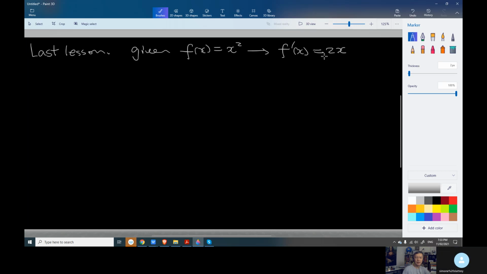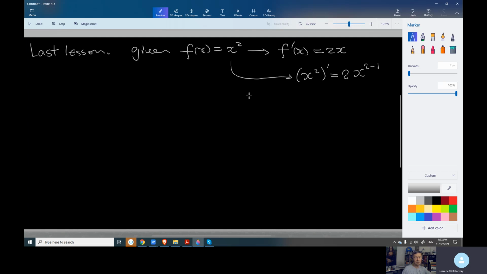Do you remember how we rewrote it, because we want to find a general formula? Whenever you see a function that is squared and you want the first derivative, you put the 2 in front, and you copy the x, but the index must have 1 taken away.